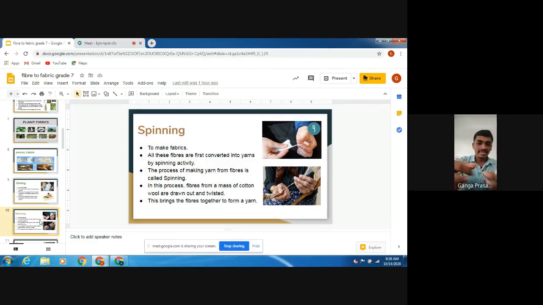See here, I prepared yarn from cotton fiber, right? The process of making yarn from fiber is called spinning.